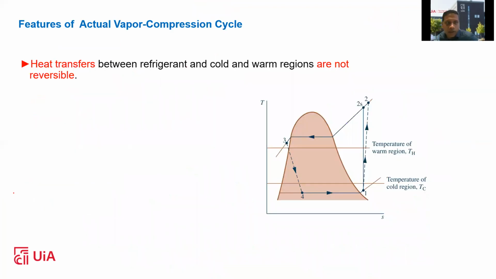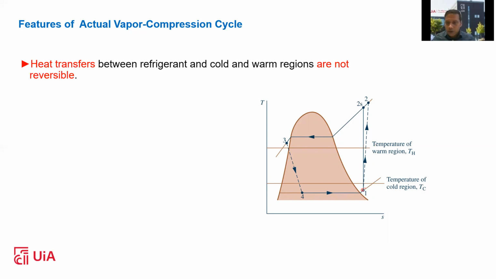What is the difference between this ideal vapor compression cycle and the normal vapor compression cycle? So let me show something in here. As I mentioned, the pressure for the evaporator was 1 bar and minus 20 degrees centigrade.